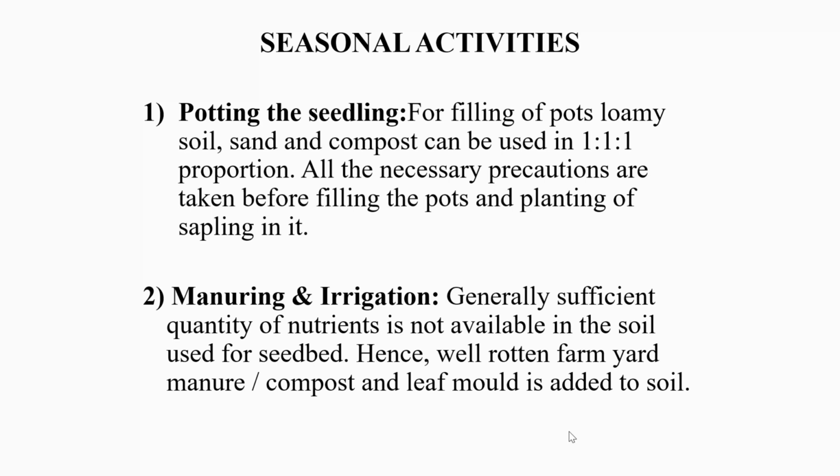Potting and seedling. Before planting of saplings in the pots, the pot should be filled up with proper potting mixture. Nowadays, different sizes of earthen pots or plastic containers are used for propagation. For filling of pots, loamy soil, sand, and compost can be used in 1:1:1 proportion.